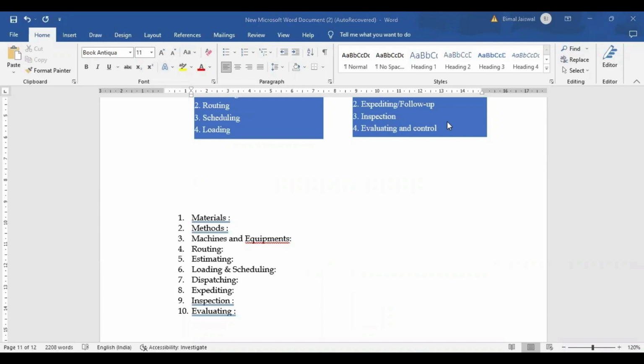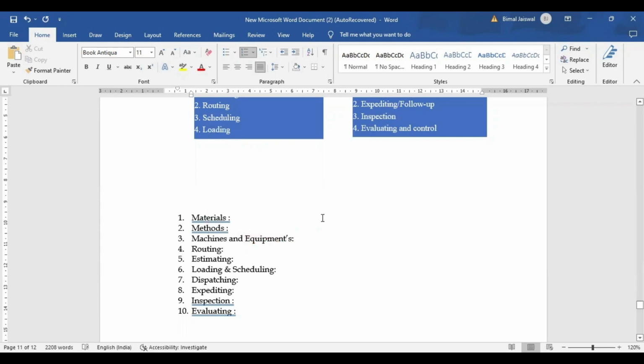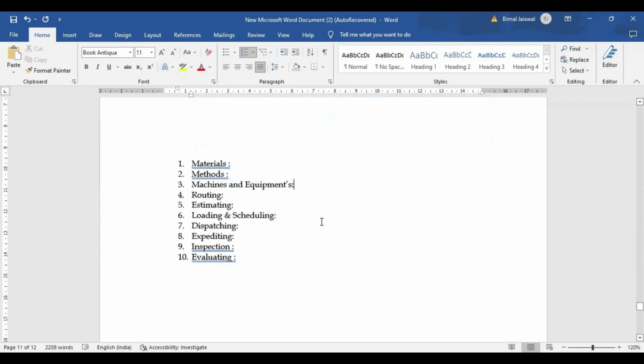The machines and equipment that we have can also have errors. They can be obsolete. There can be wear and tear, which deviates from the objective. In this way, the others are the same as we have discussed just now.